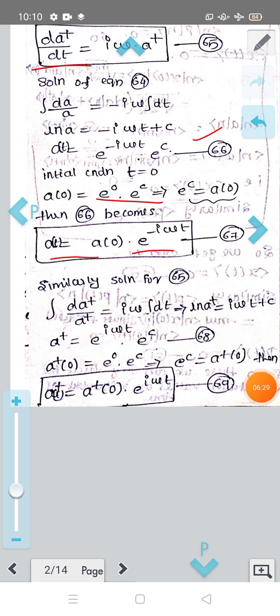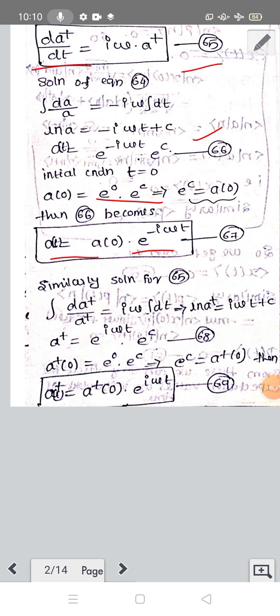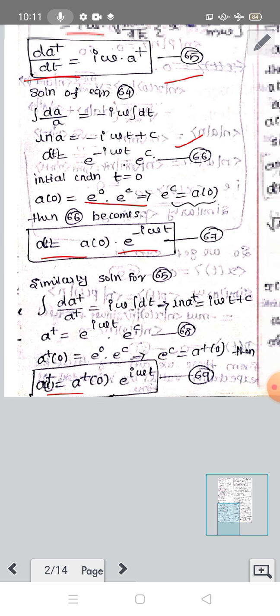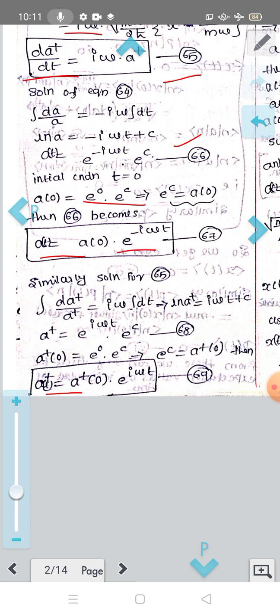And similarly for equation number 65, A dagger of t is equal to A dagger of 0 e raised to I omega t. Just write these steps, so we get equation numbers 67 and 69.